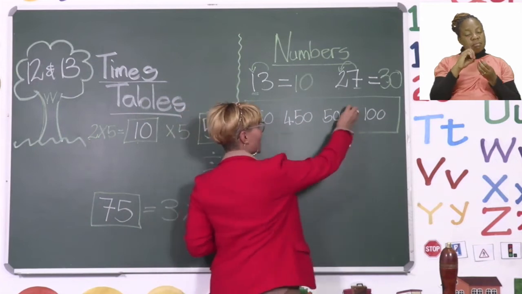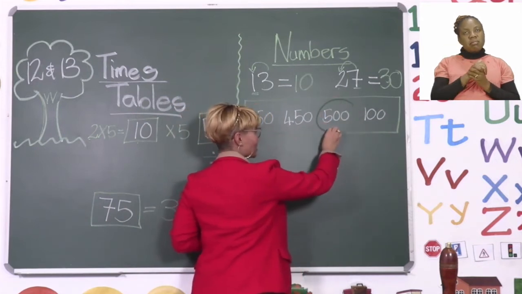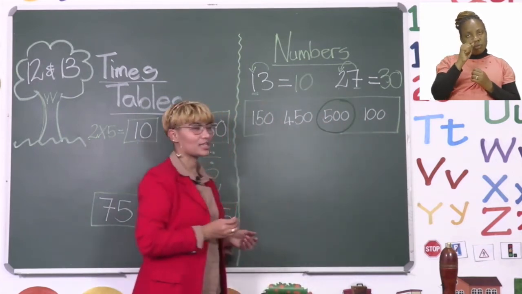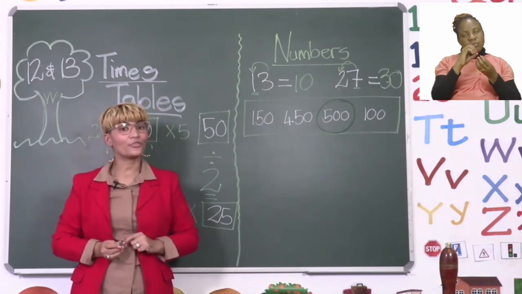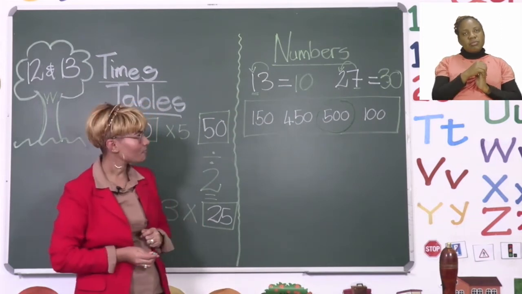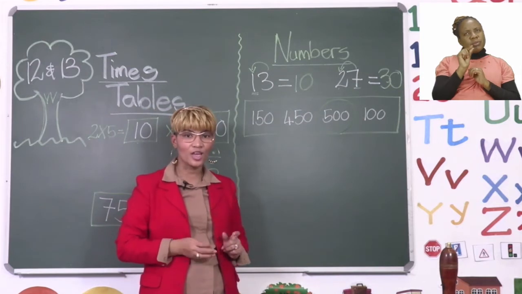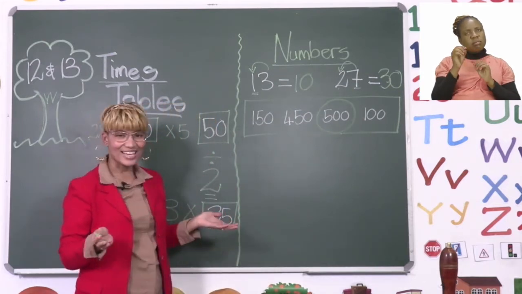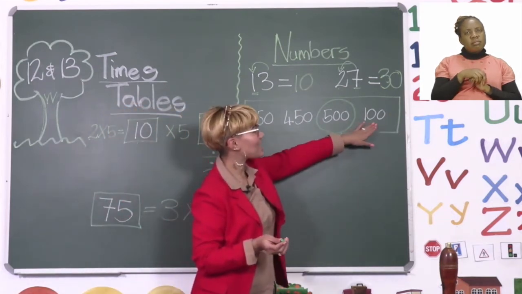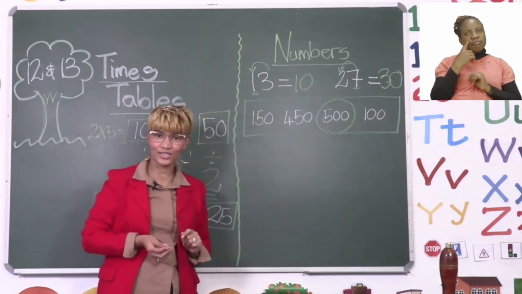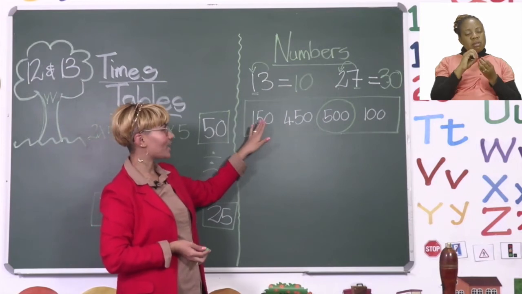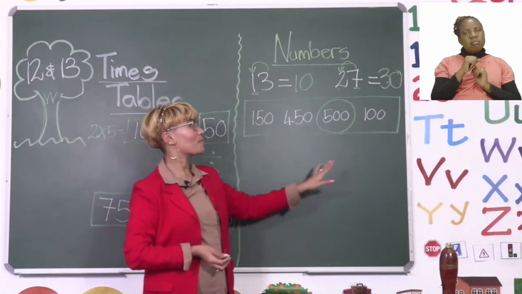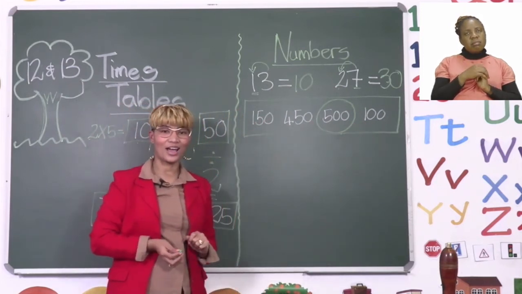So we have to go ahead and circle the biggest number. Now we have to find the smallest number. Can you quickly tell me which one is our smallest number? That's right, everyone, it's the number 100. Over here we have 150, which is more than 100.